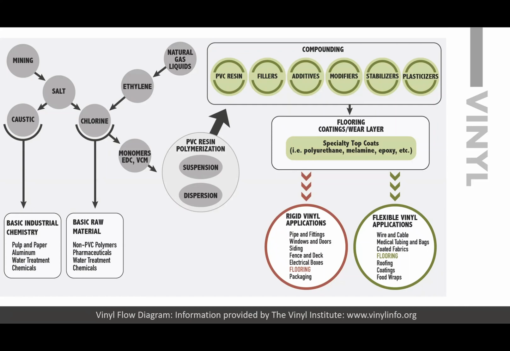And then it's combined in the compounding process with fillers, additives, modifiers, stabilizers, and plasticizers. If you're looking at it from a flooring perspective, you would also have different specialty top coats. So there are rigid flooring products that are vinyl applications that we will cover, as well as flexible vinyl applications that we will also cover.